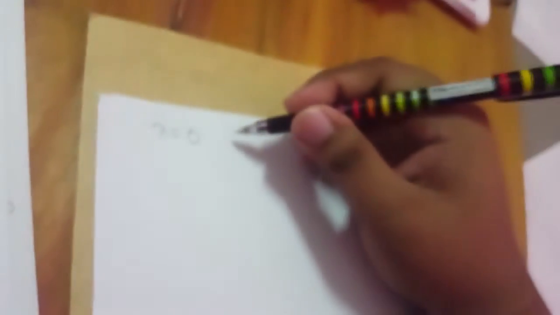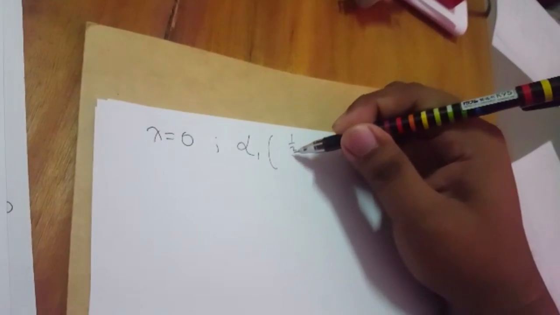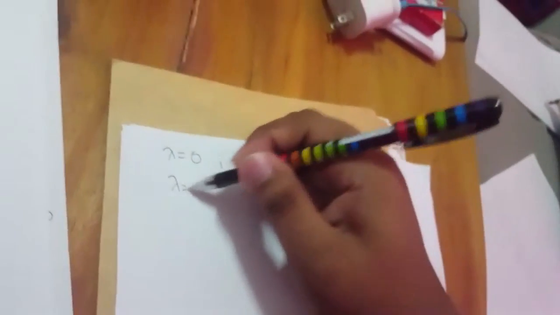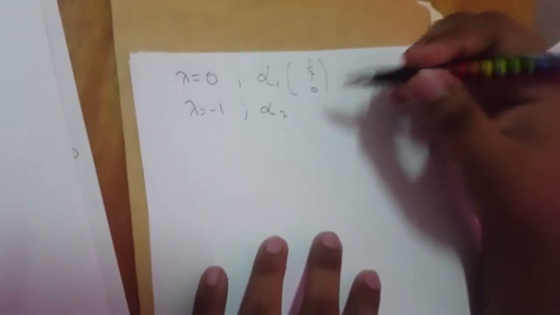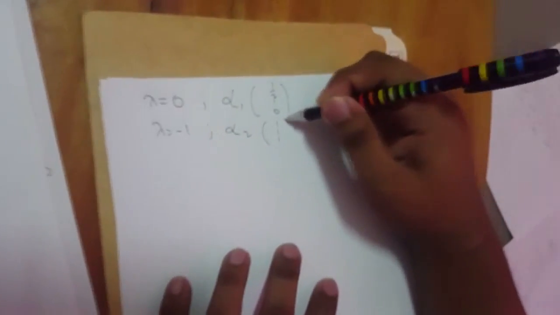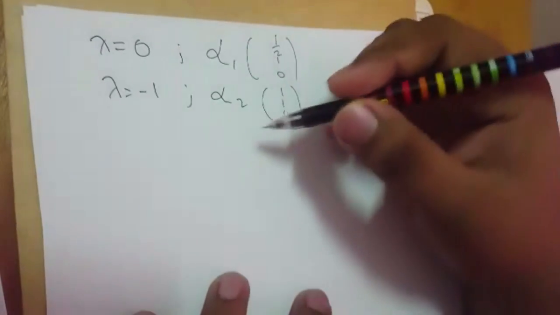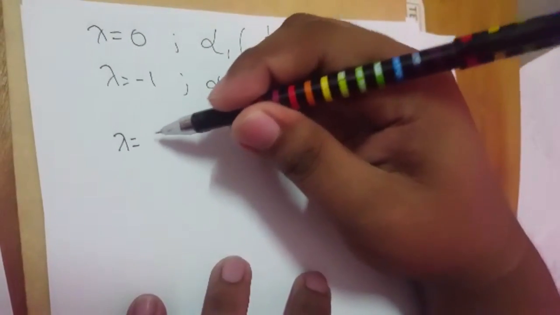We have an eigenvalue equal to 0, and the eigenvector is 1/2, 1, 0, and the eigenvalue of -1 has the eigenvector of 1, 1, 1. We now have to get the third eigenvector. So the third eigenvalue is 1.